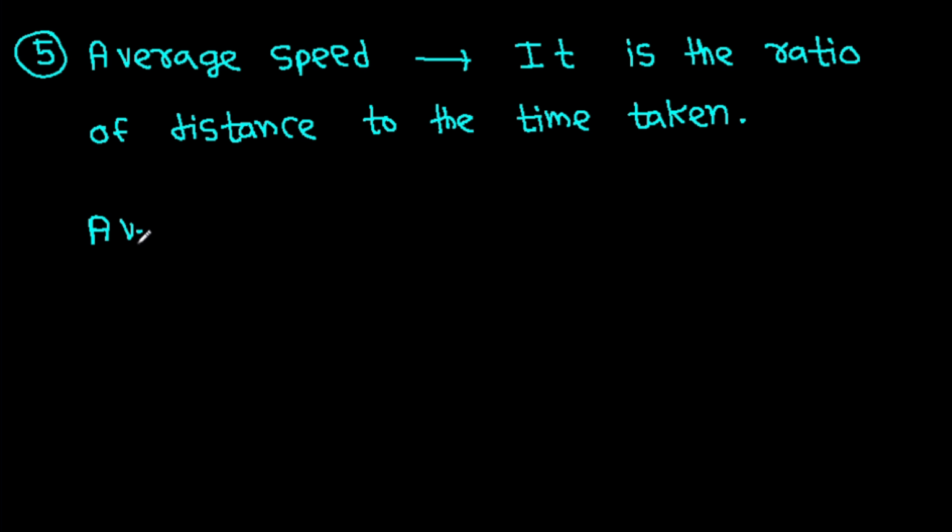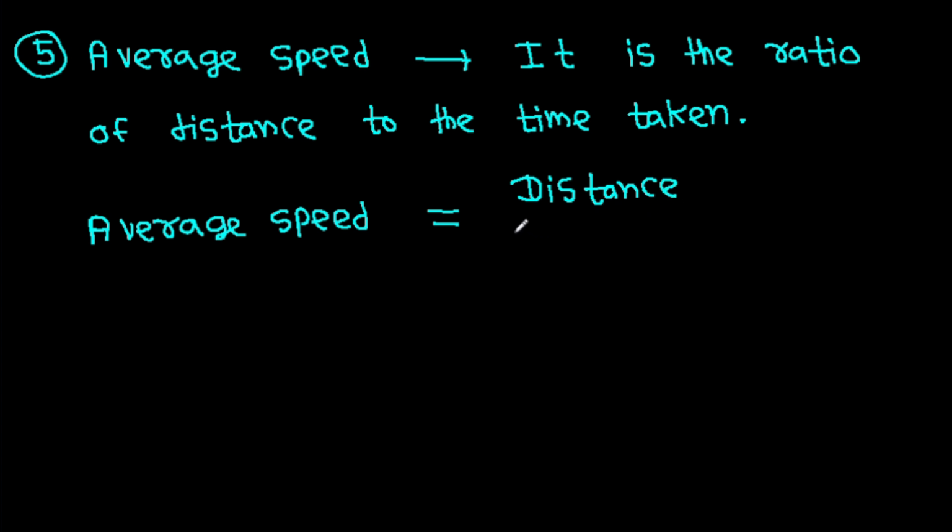That means average speed is distance divided by time.